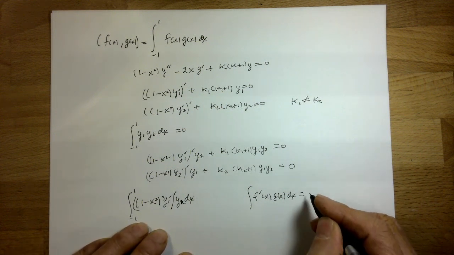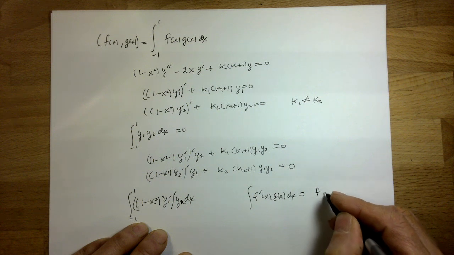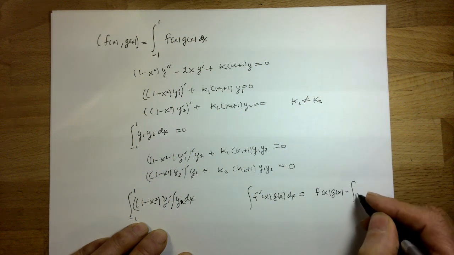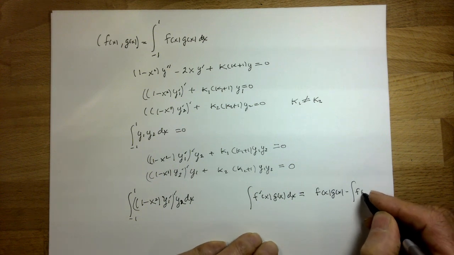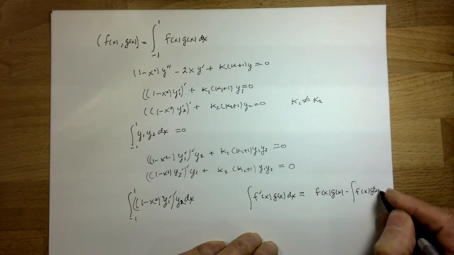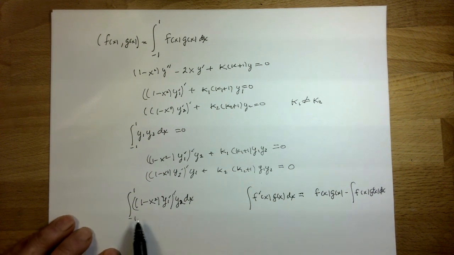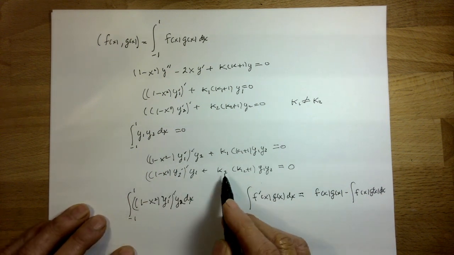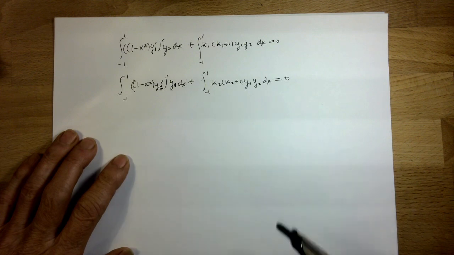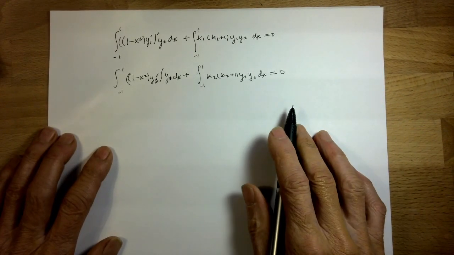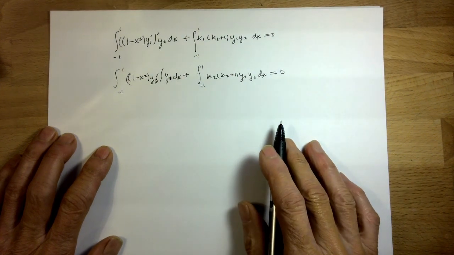By using integration by parts, we know that that's equal to f of x times g of x minus the integral of f of x times g prime of x dx. That is, we're using integration by parts. So we can rewrite these terms, and there are actually two terms in each equation.